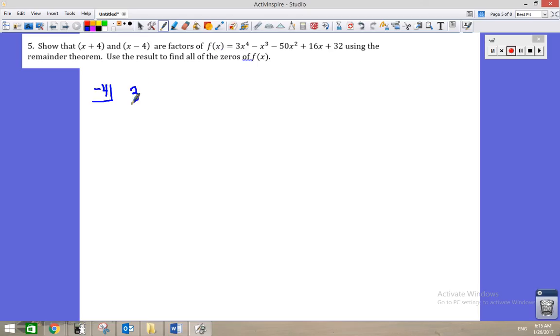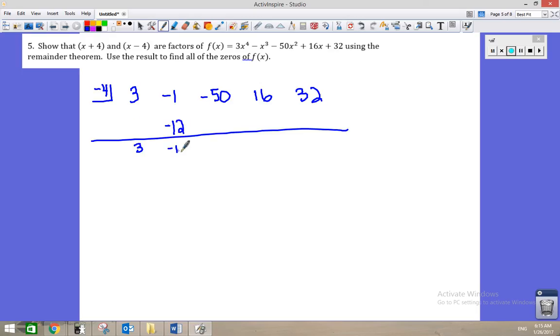And I can now peel off 3, negative 1, negative 50, 16, 32. The first number always comes straight down. And 52, 2, negative 8, 8, negative 32, and I got the 0 that I was expecting.